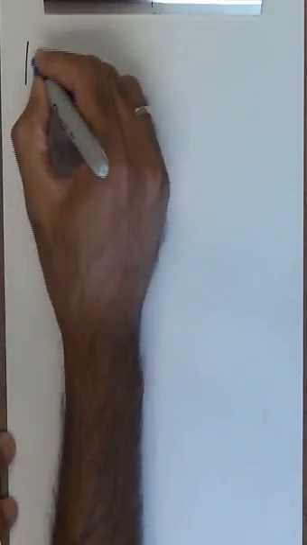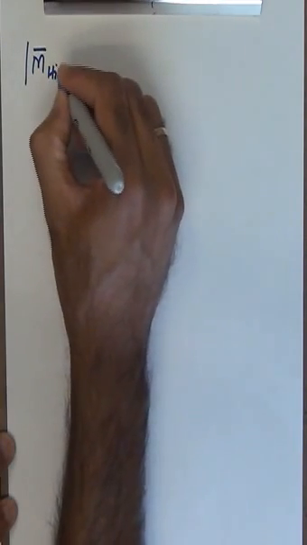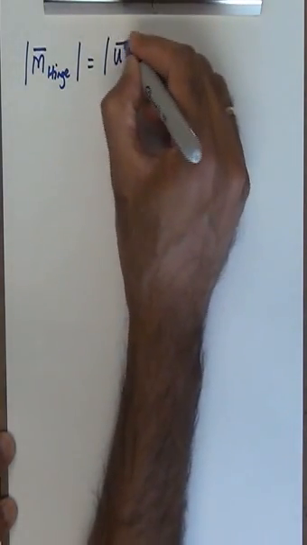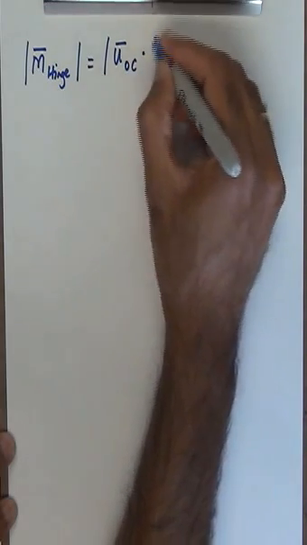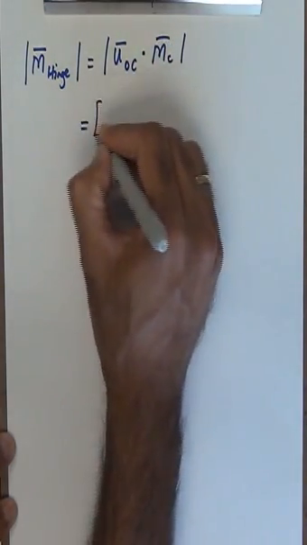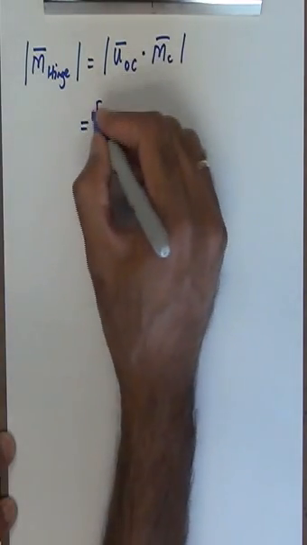So the magnitude of the moment about the hinge is going to be the dot product of the unit vector, the magnitude of that about the point C. So this is going to be the magnitude of this.